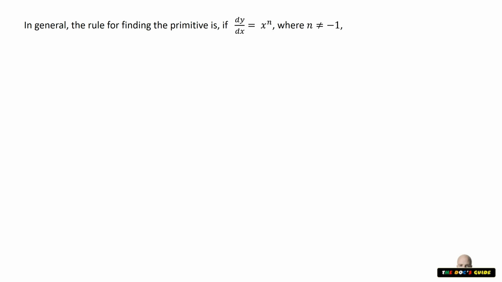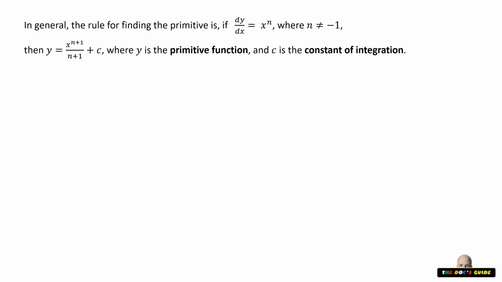In general, the rule for finding the primitive is that if dy dx equals x to the n, where n is not equal to minus 1, for reasons which we'll come to later on, then y equals x to the n plus 1 divided by n plus 1, plus the constant, where y is the primitive function and c is the constant of integration.